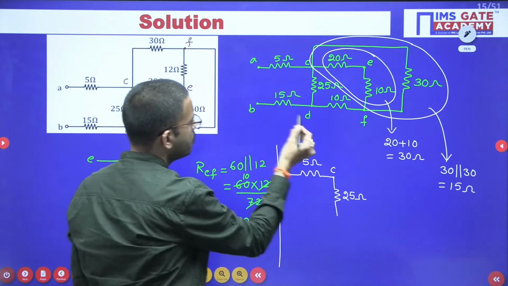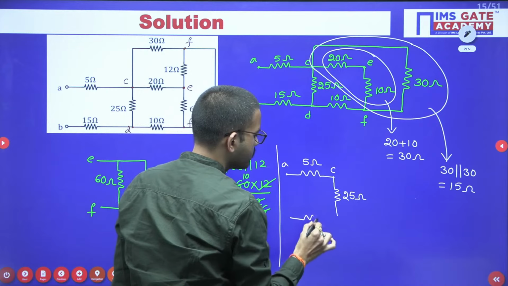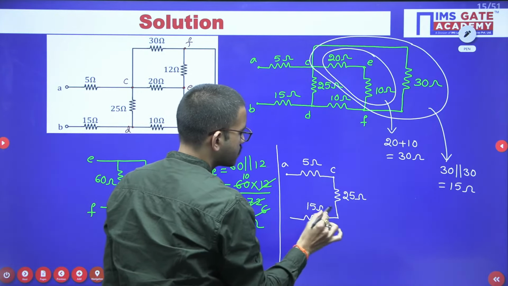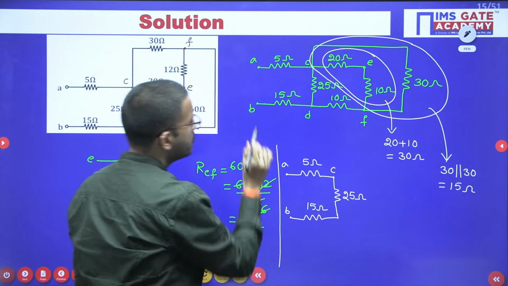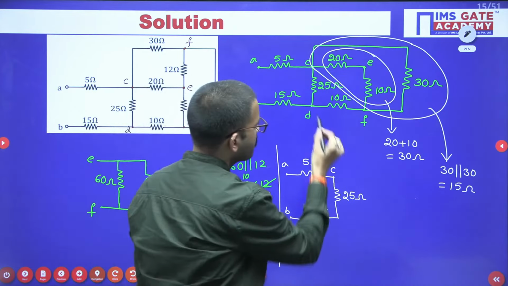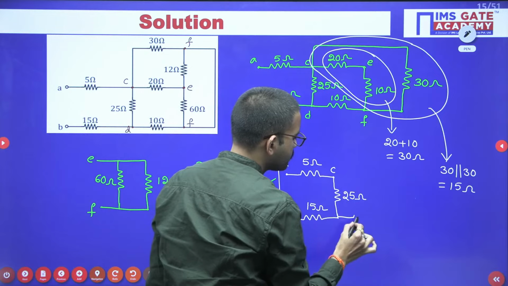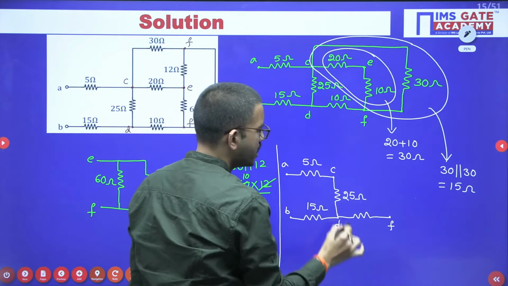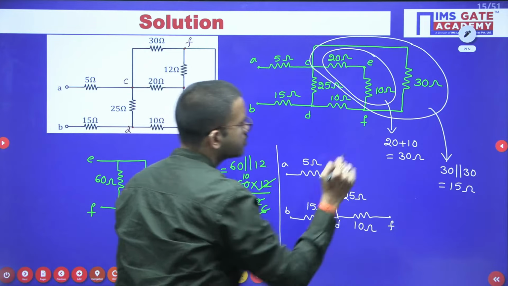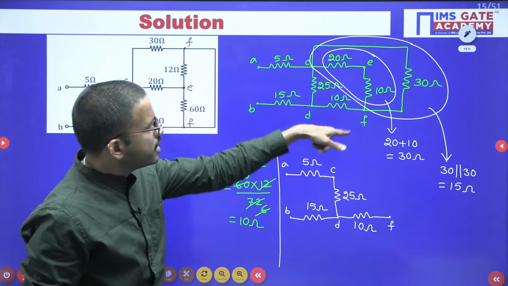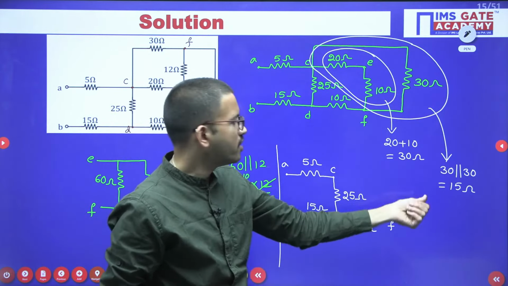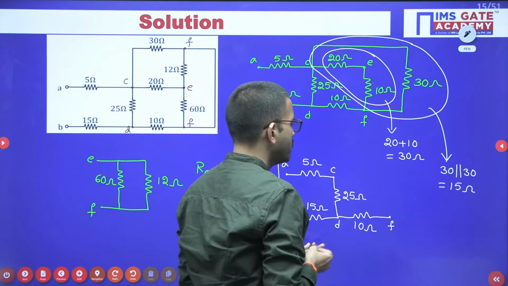Then between B and D you are having 15 ohm. After that, between D and F we are having 10 ohm. Now, between C and F, after doing the entire simplification, we got 15 ohm, that I am keeping here.